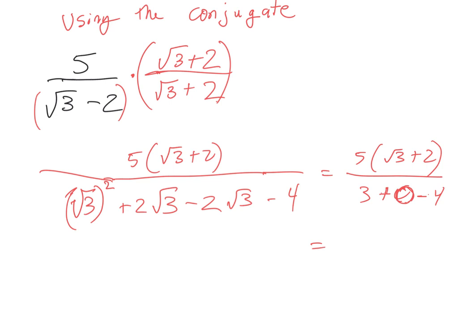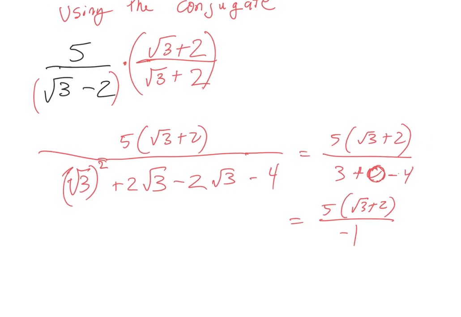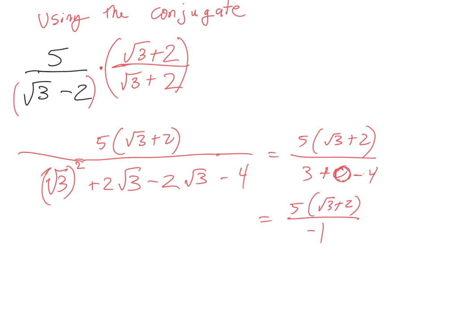So then I'll have 5 root 3 plus 2 over negative 1. 3 minus 4 is negative 1. So then the final answer would be negative 5 root 3 plus 2. You could leave it like that, or you could distribute the negative 5 in. Either way, that would be a full solution and be done with that.